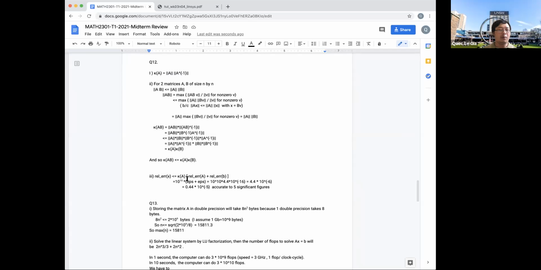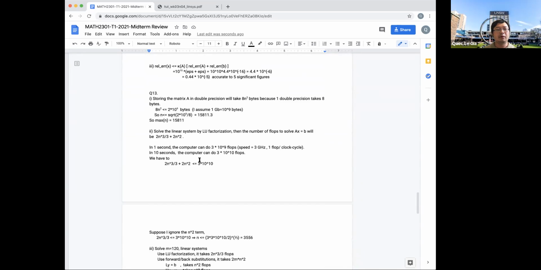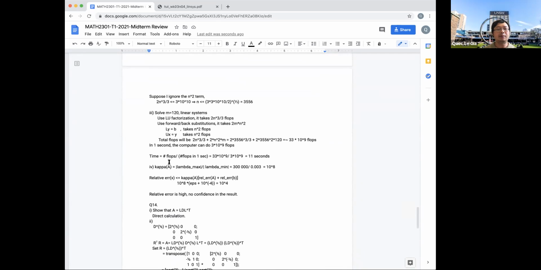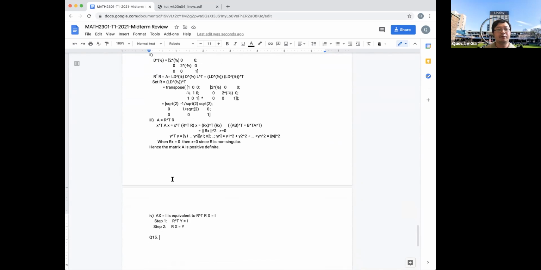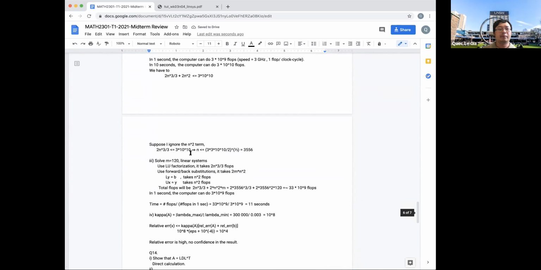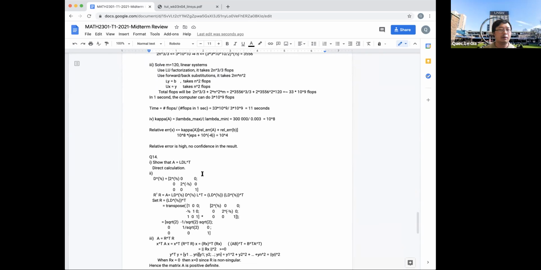Actually, look for part 4 of question 13. It is just the same: you have lambda max, lambda min, and relative errors, so just look for that.